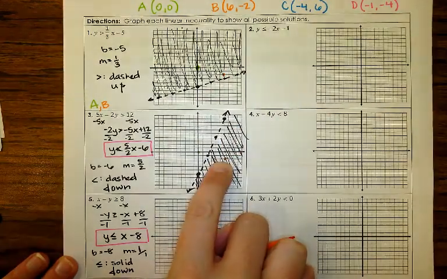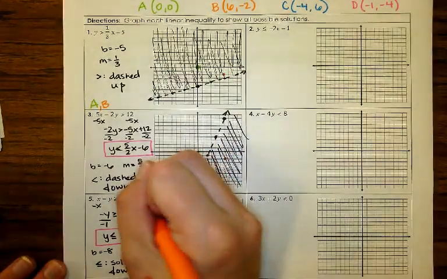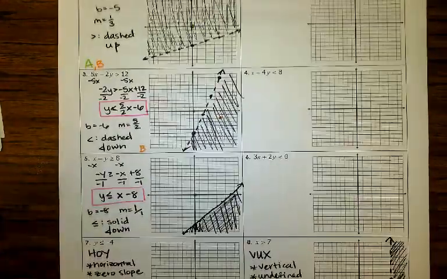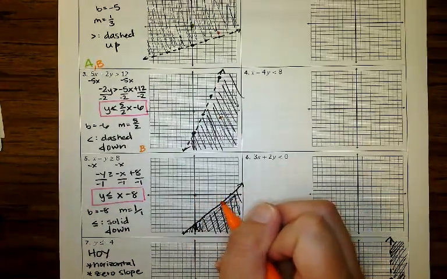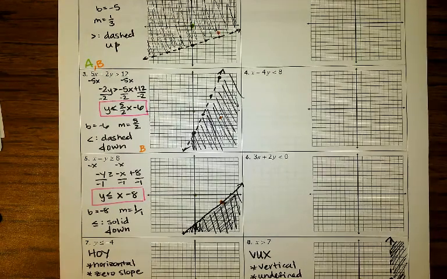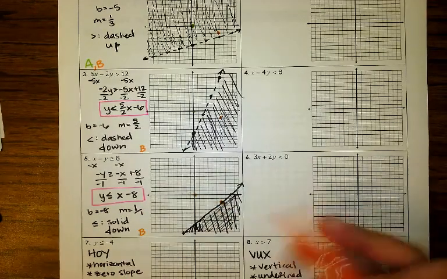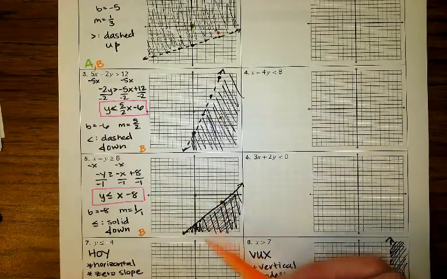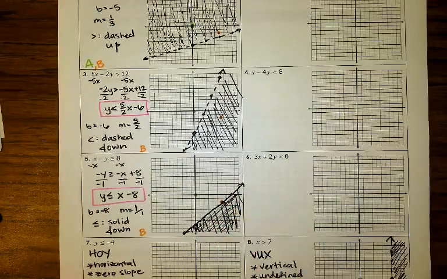Okay, 6, -2. Interesting. For number 5, it lands right on the line. Is it a solution for this one? It is, because of the solid line. If it was a dashed line, it wouldn't be a solution. If it lands on a dashed line, it's not a solution.